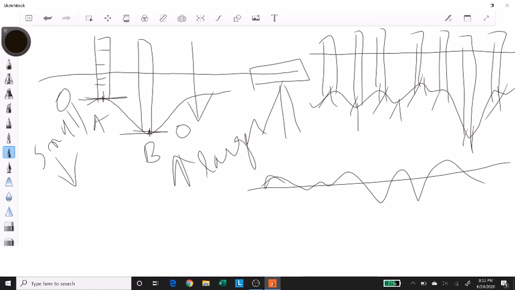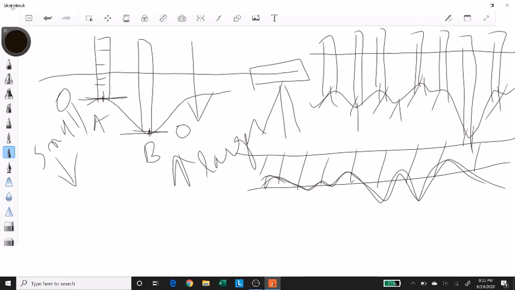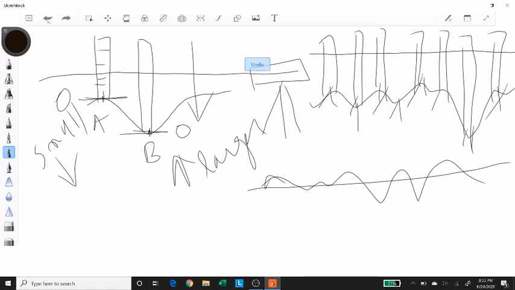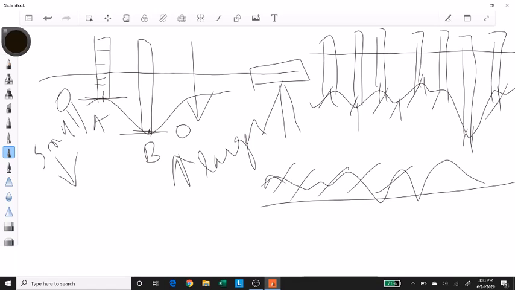I can build my road over here while the ground is over here. So that means I'll have to fill up this entire area. On the other hand, I have an option to construct my road over here. That means I'll have to excavate all of this soil.